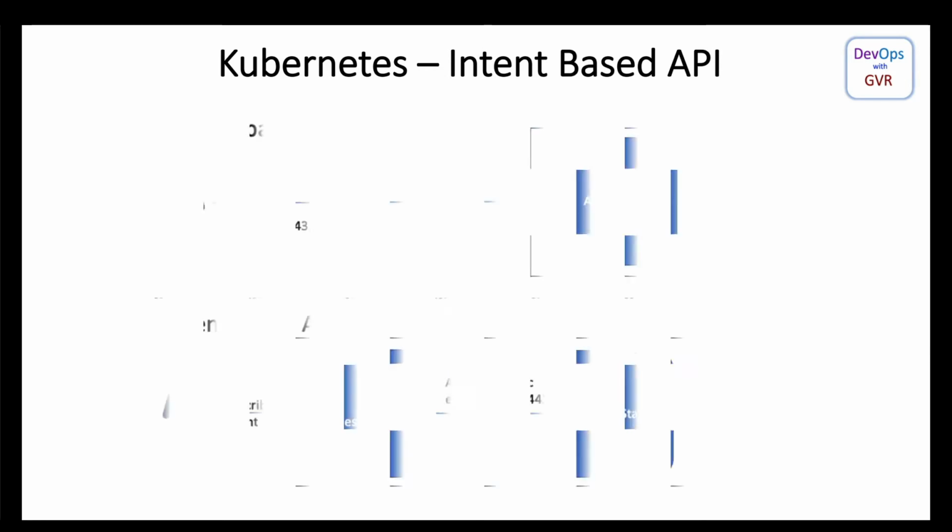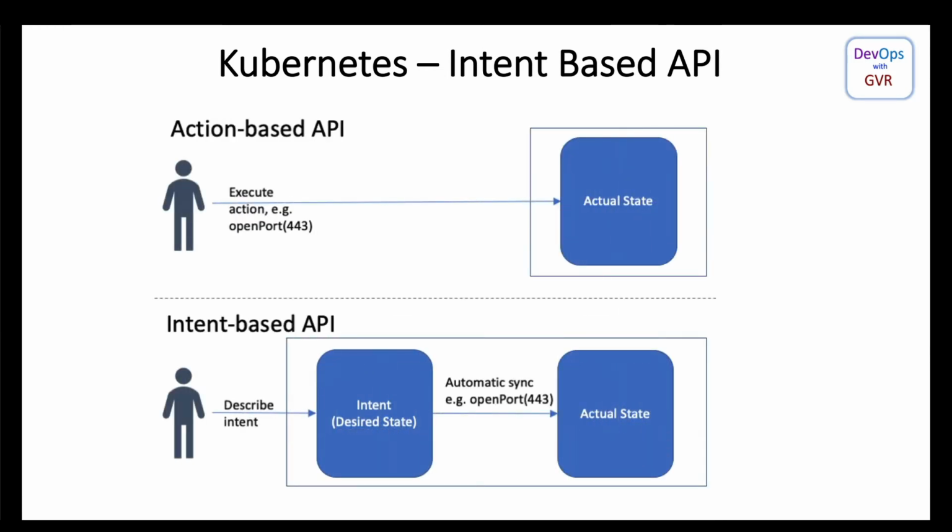Okay, now Kubernetes. Kubernetes is basically an intent based API. So what is intent based? If you expose one API on localhost, and you want to execute it, you will use curl to call that API and pass the request body.